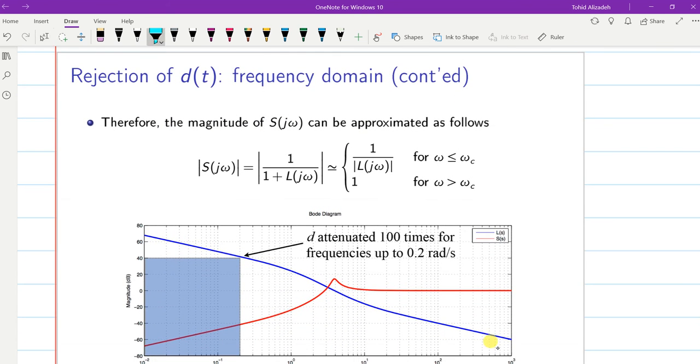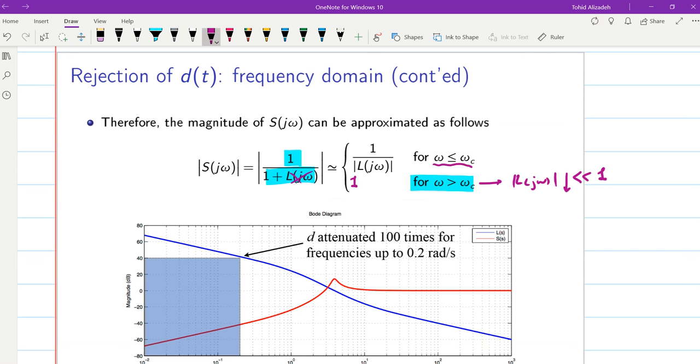Then the amplitude of S of j omega is equal to the amplitude of 1 over 1 plus L of j omega. For high frequencies, since the amplitude of L of j omega is much smaller than 1, we can neglect it compared to 1, and as a result we get 1 for the amplitude of S of j omega.